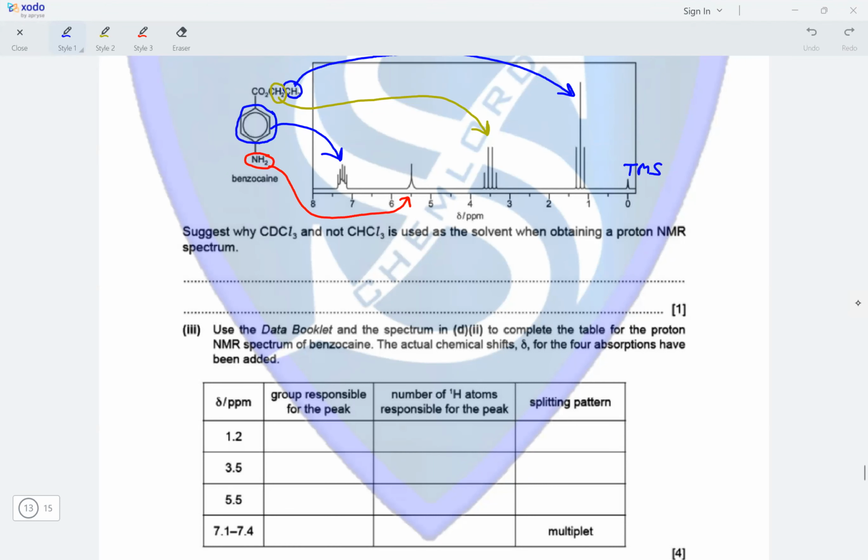Suggest why CDCl3 and not CHCl3 is used as the solvent when obtaining a proton NMR spectrum.